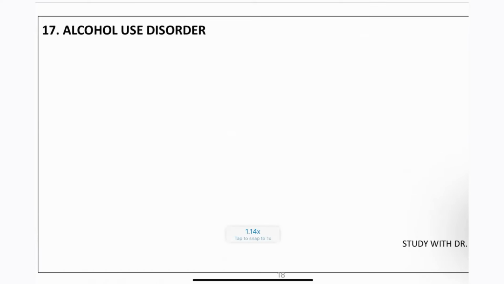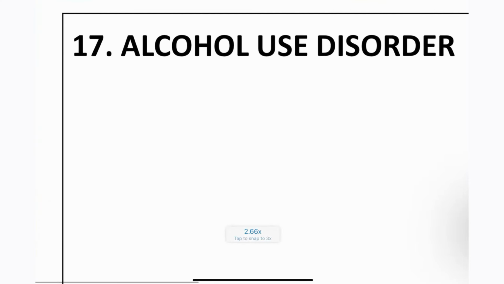First, how the patient is going to be presented. Alcohol use disorder, as we discussed, is one of these substance-induced disorders, and most commonly these patients are chronic alcoholics. Mostly 90% of alcohol is absorbed in the small intestine, while metabolism of alcohol is seen in the liver.